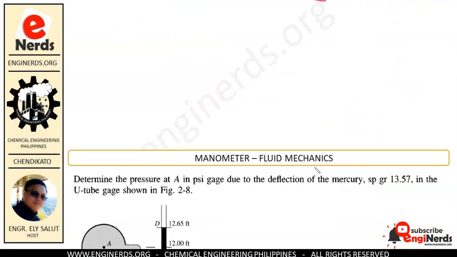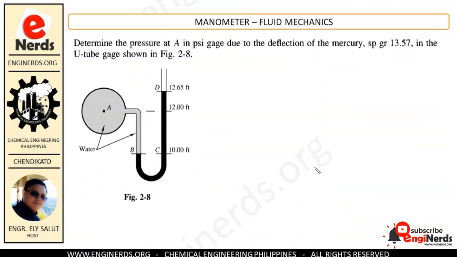Okay, so we are now going to the next problem. Determine the pressure at A, in PSI gauge, due to the deflection of the mercury, which has a specific gravity of 13.57, in the U-tube gauge shown in figure 2-8, which is this one.